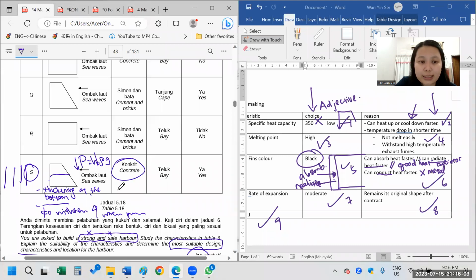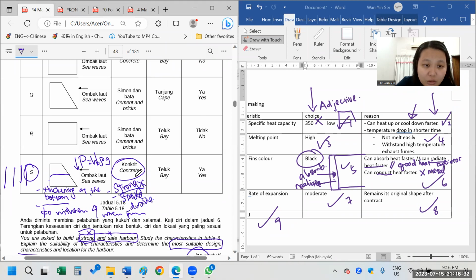Okay, so concrete. Why? Because it is strong. Don't use strong. Use other words. Durable, very good. Stable, yeah, stable.